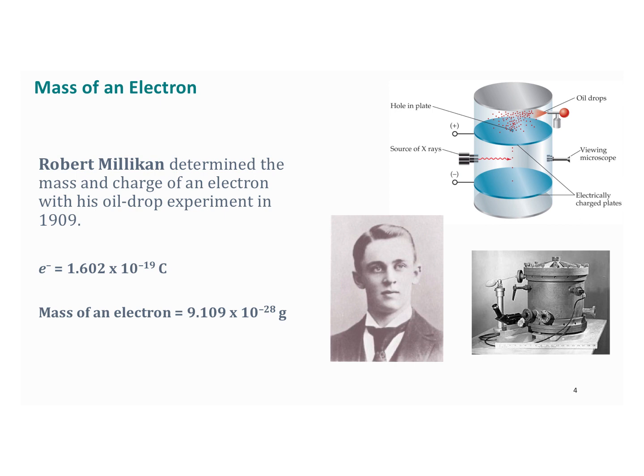How this worked is he would have oil drops here, and that was created using an atomizer. It fell through a pinhole in this upper chamber, and it fell through to the lower chamber.